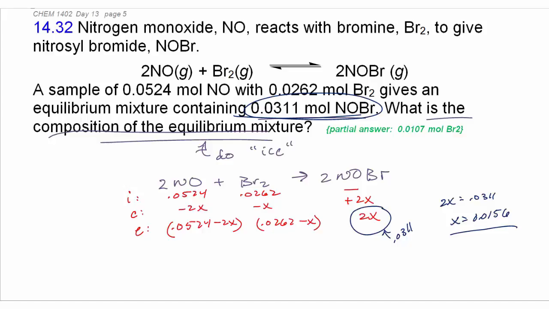0.0524 minus 2 times 0.0156, 0.0212. 0.0212 moles of NO. So here's my equilibrium answers.